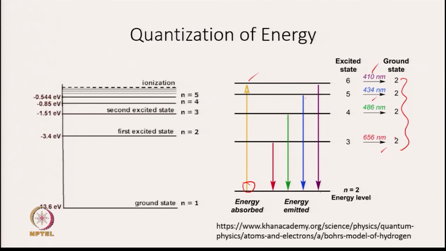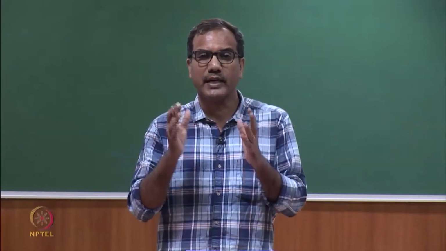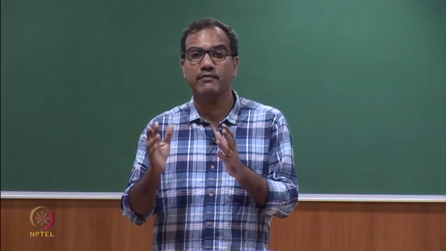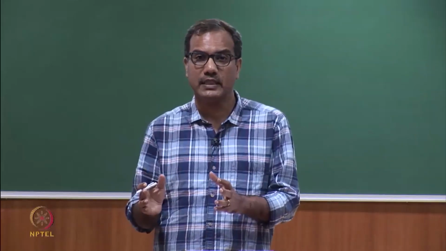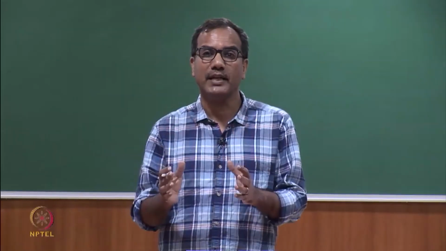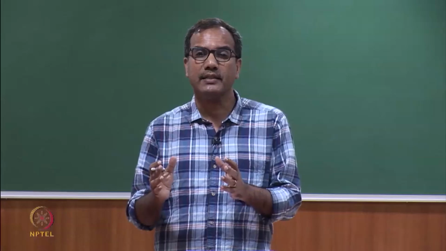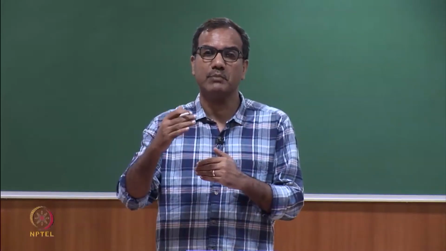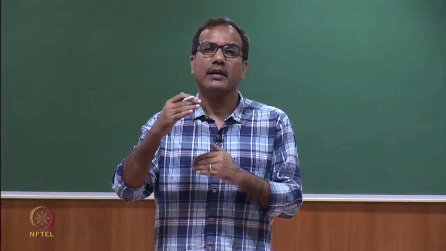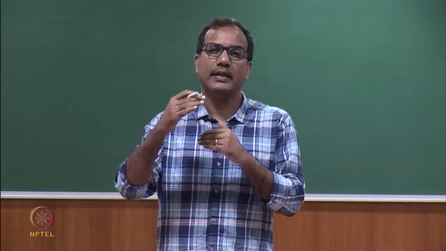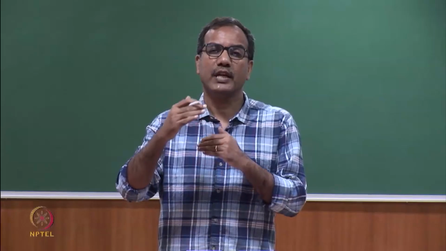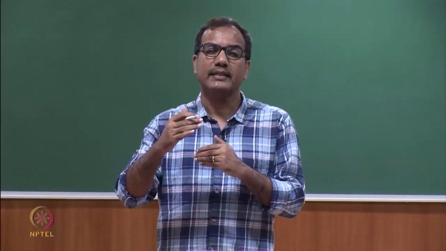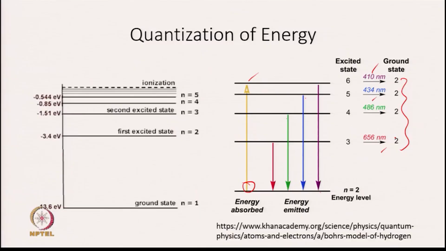That is what we mean by quantization of energy. An electron can only take certain values of energy, and if you supply light which does not correspond to the difference between the energies which the electron can take, there can be no transition.